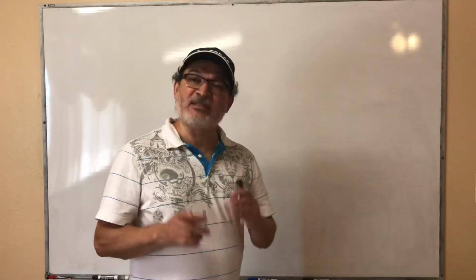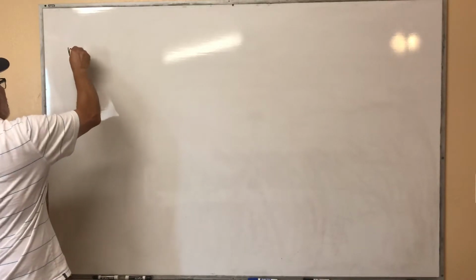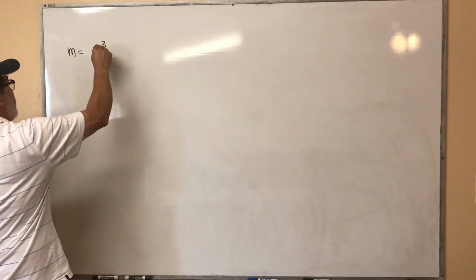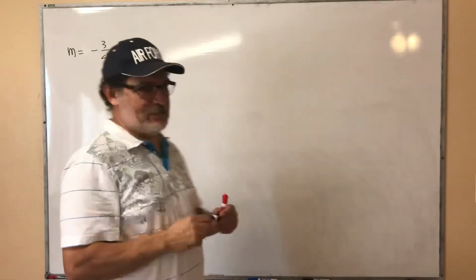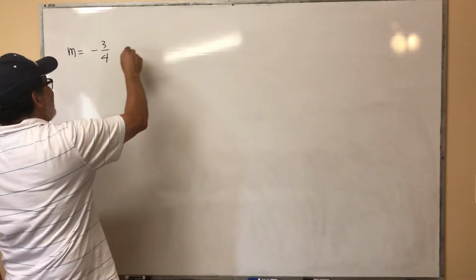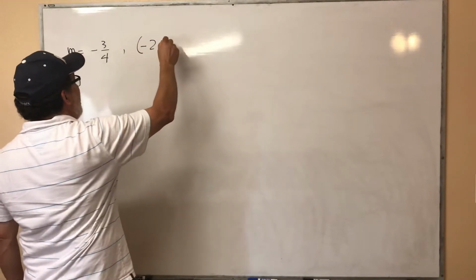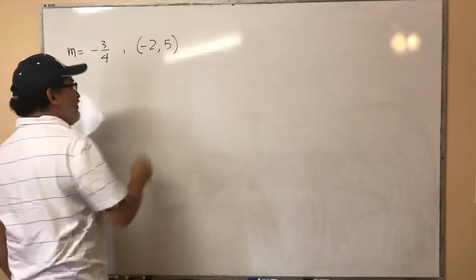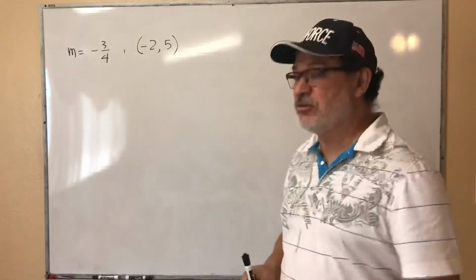The line says, fine. Here's my slope. My slope is -3/4. And here's my point. My point is -2, 5.